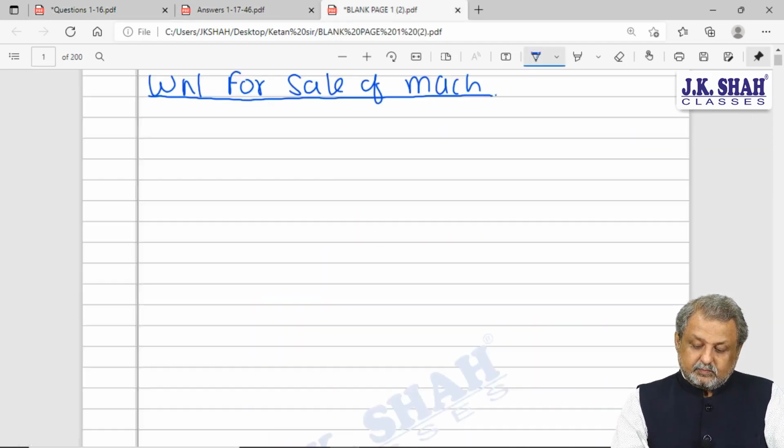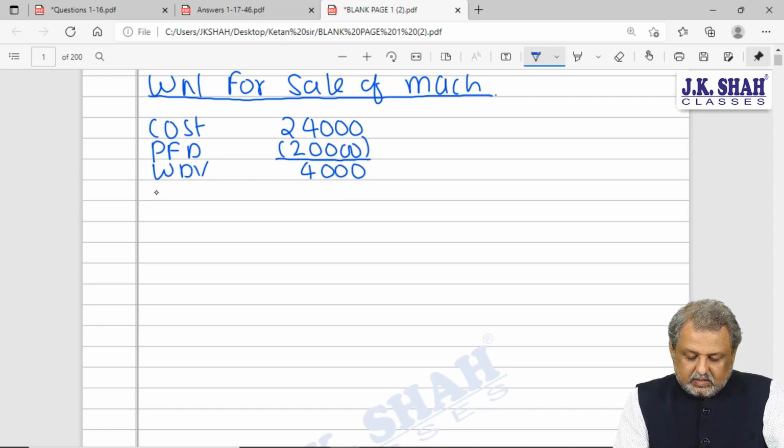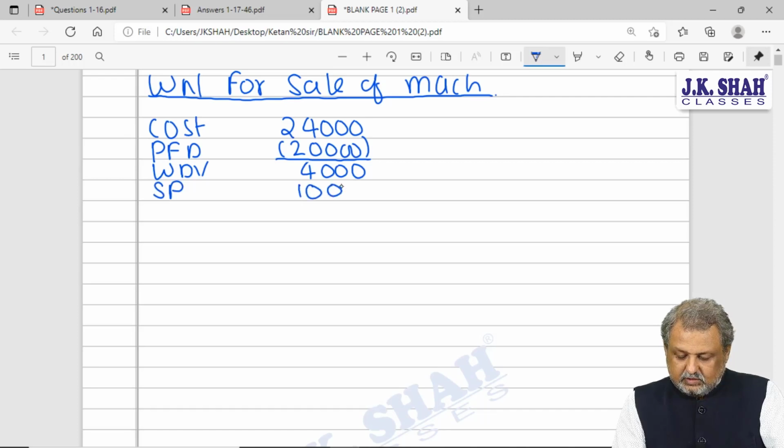So, cost 24, PFD 20, WDV of the asset sold is 4,000, selling price is 10,000. We will cut all the 3 zeros everywhere. So there is profit on sale.